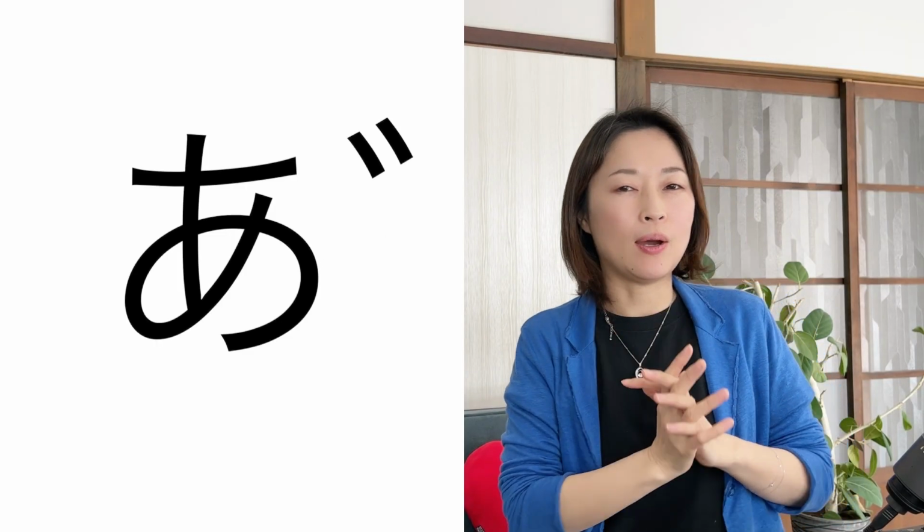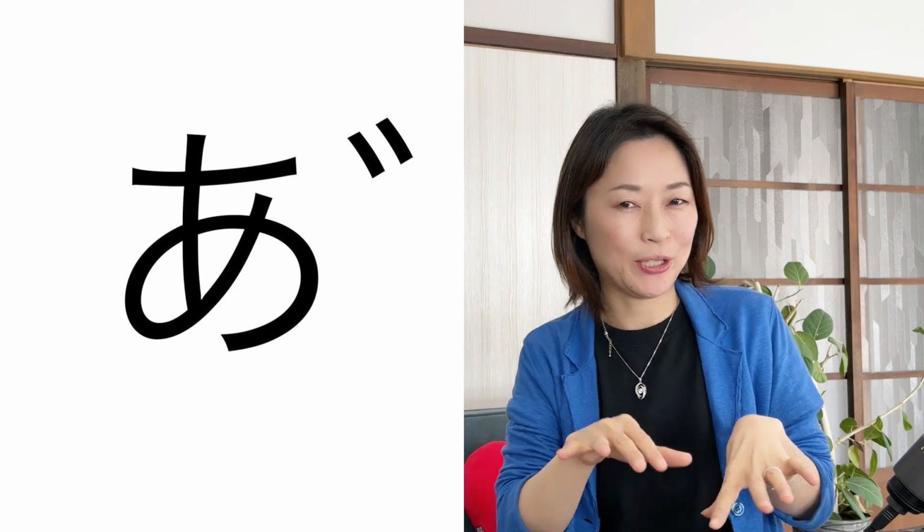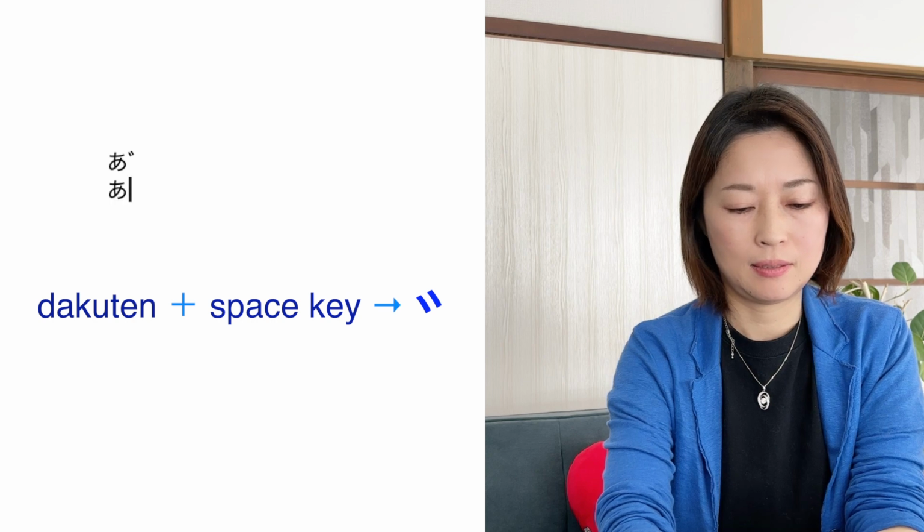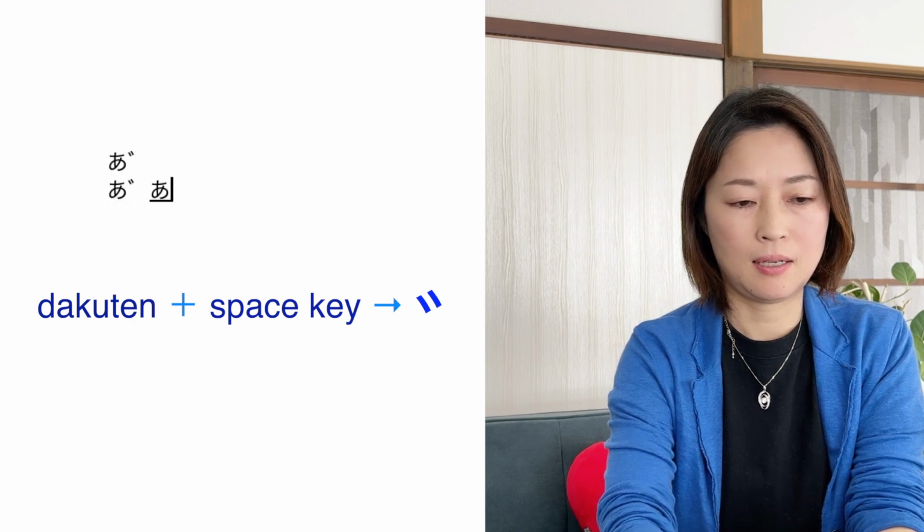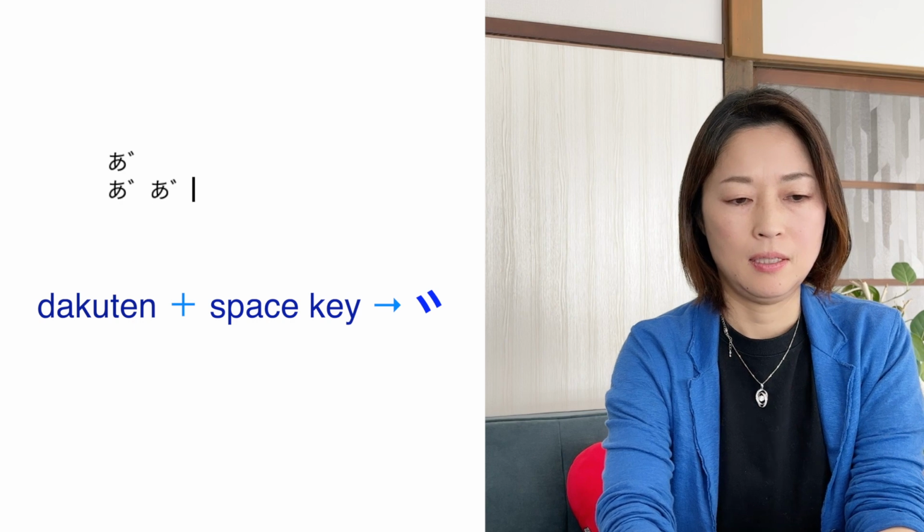Okay, so now how to type this letter. If you're using a PC, first you enter a, then you type dakuten and press the space key. Alright, and you get that. You know, this dakuten has the same space as a, so it looks like there's more space than usual, but this is the correct way.